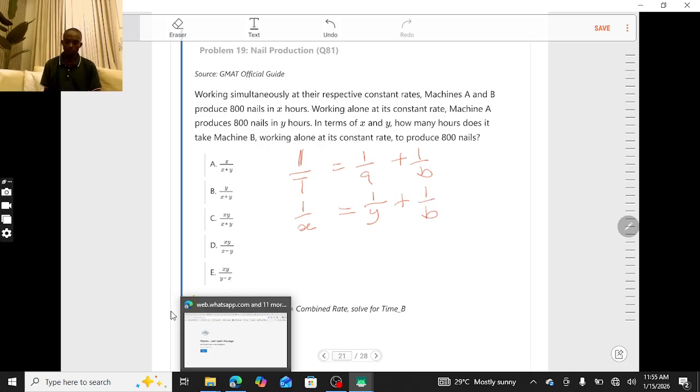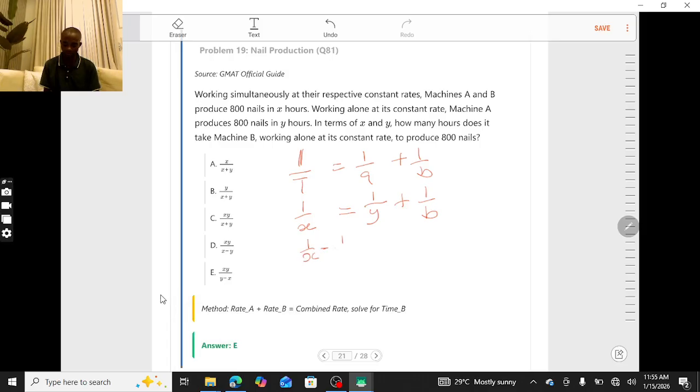So that is 1 over S minus 1 over Y equals 1 over B. You agree with me? So we have SY, then here will be Y minus S equals 1 over B.